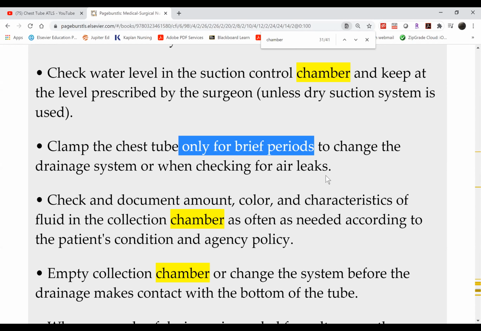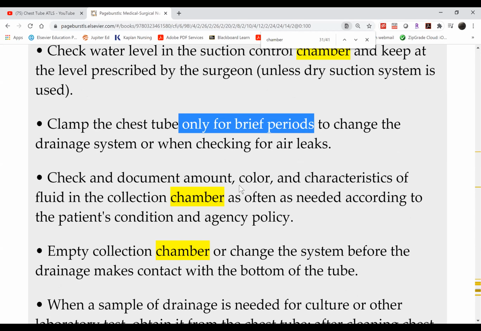So you need 2 padded clamps at the bedside, and you need a bottle of any sterile solution, usually sterile water, because we need that anyway to fill the box. So it has to be sterile though. You need a container of any sterile solution and a few pieces of dry sterile gauze. Okay, so you need all those 3 pieces of equipment at the bedside. We'll need them in case of emergencies.